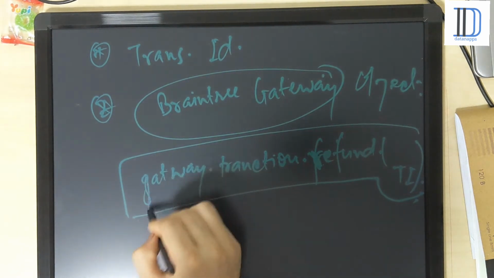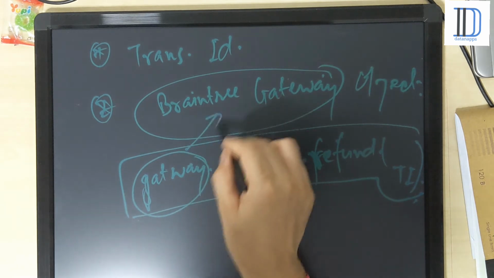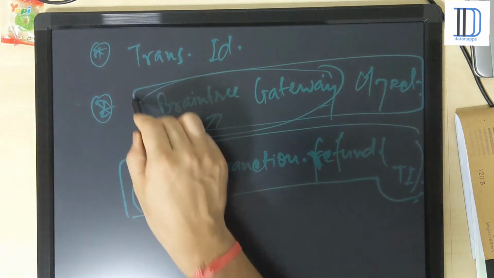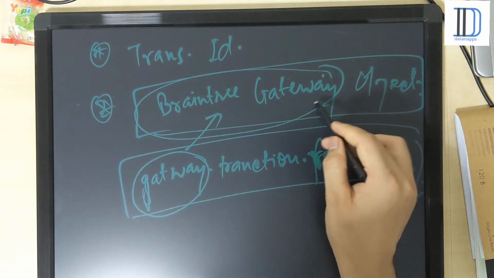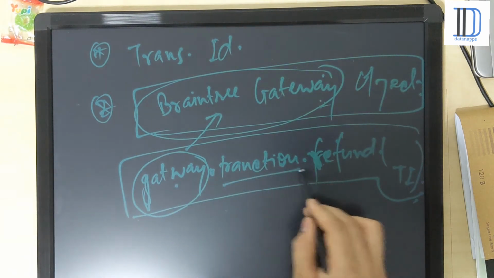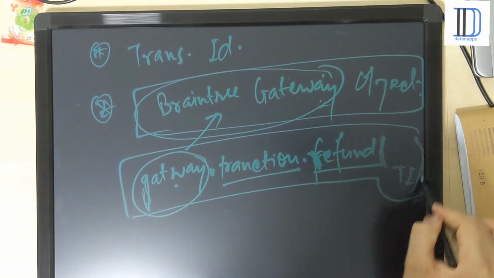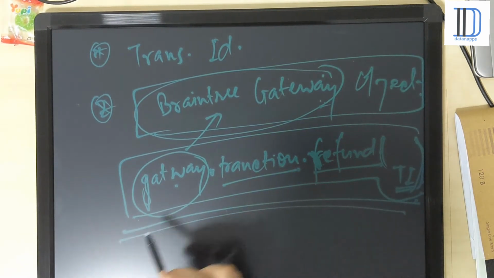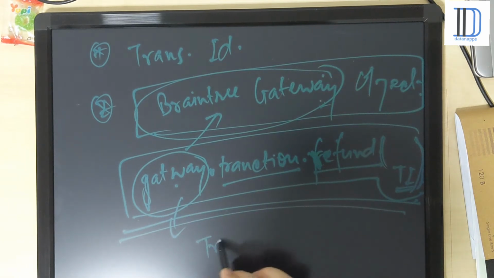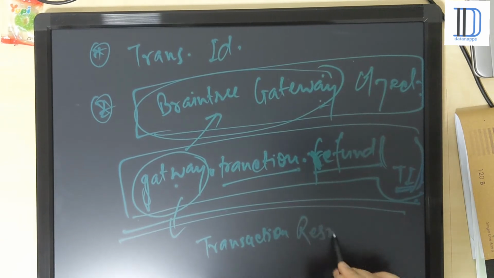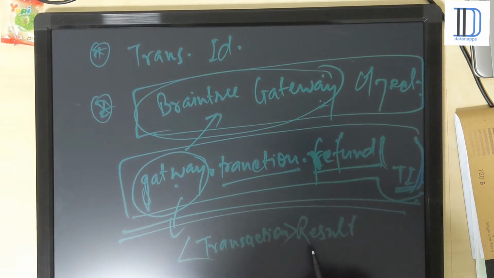This gateway object you will get from the Braintree gateway class, and you can easily get it from all the things related to the server object. So gateway.transaction.refund, what you want to refund, just pass the transaction ID, and this method will return a transaction result.